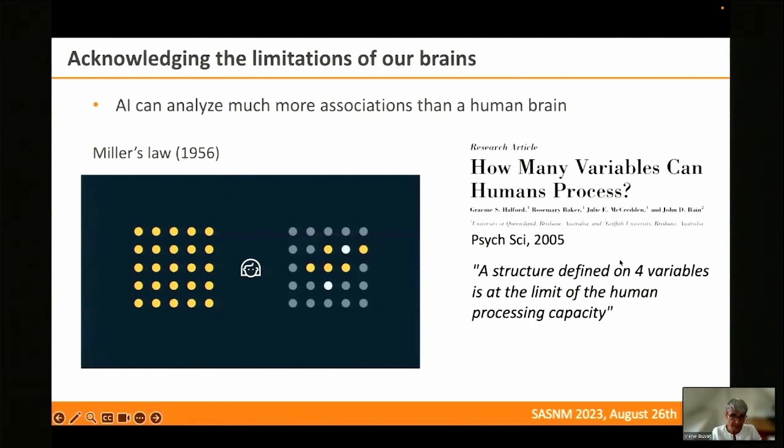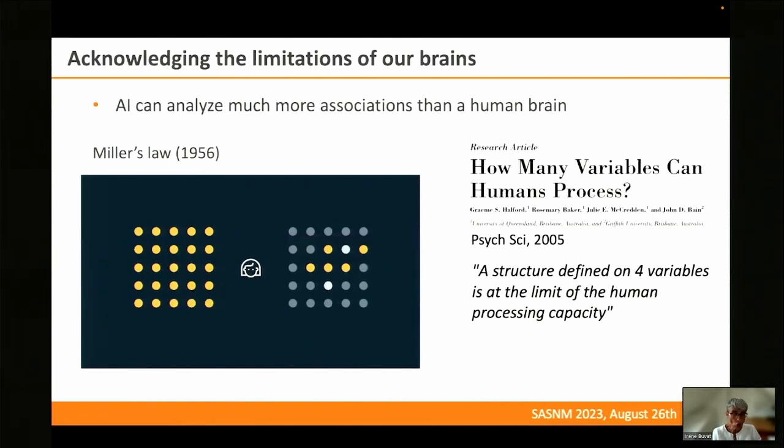And more recently, it has been reported that a structure defined on 4 variables, together with the connections between these variables, is at the limit of the human processing capacity.